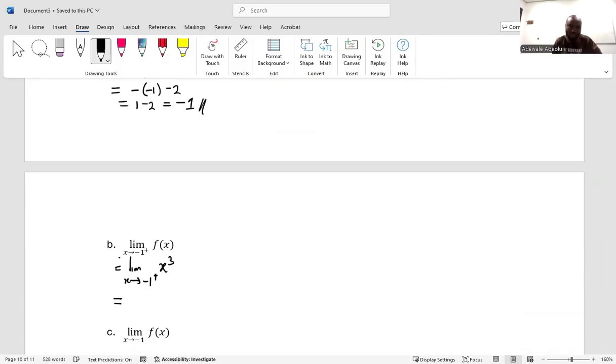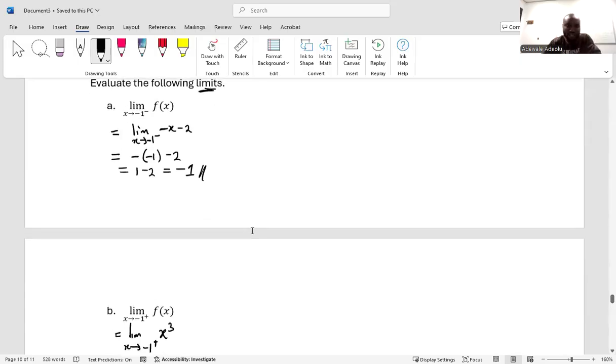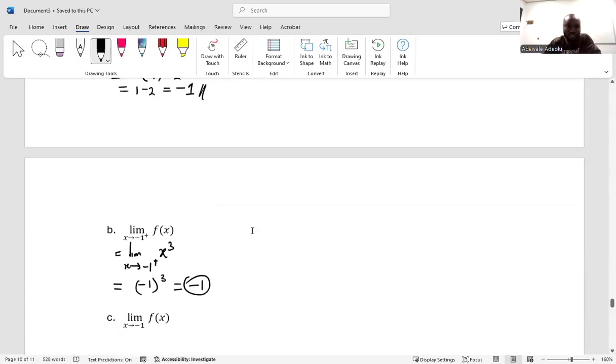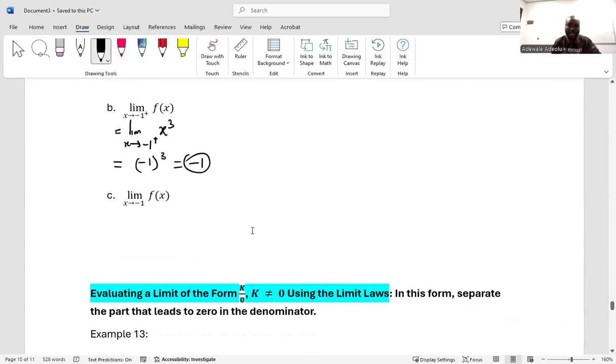And we just need to substitute now. So that is -1 raised to power 3, which is -1 times -1 times -1. That is -1. What can we say? The limit from the left is -1. The limit from the right is -1. I can conclude that the limit at that point is -1 because they are the same.